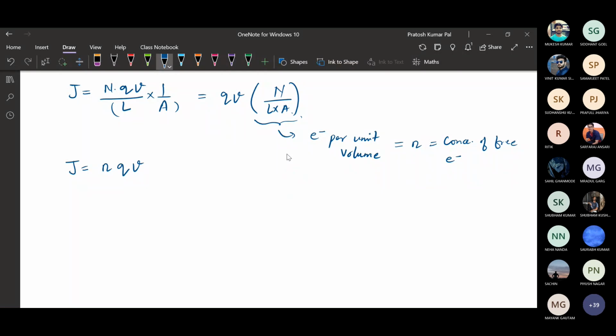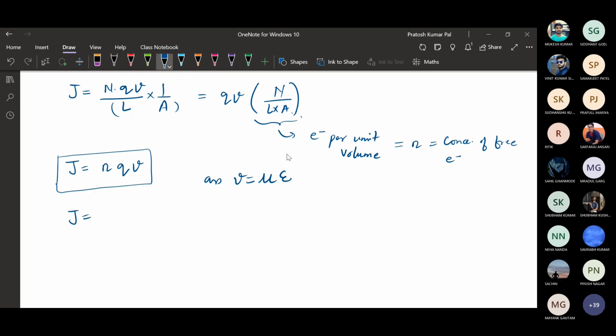Okay, so we can just write J will be equal to, this term is N, so N Q V. So here the current density we can define in relation with the number of free charge carriers, that is electrons basically, N multiplied by Q and the drift velocity. Okay, so further we know this drift velocity, we have defined previously, is mu into electric field.